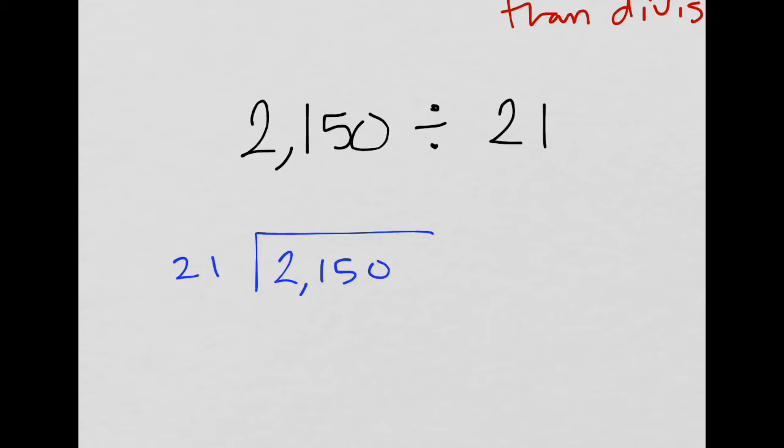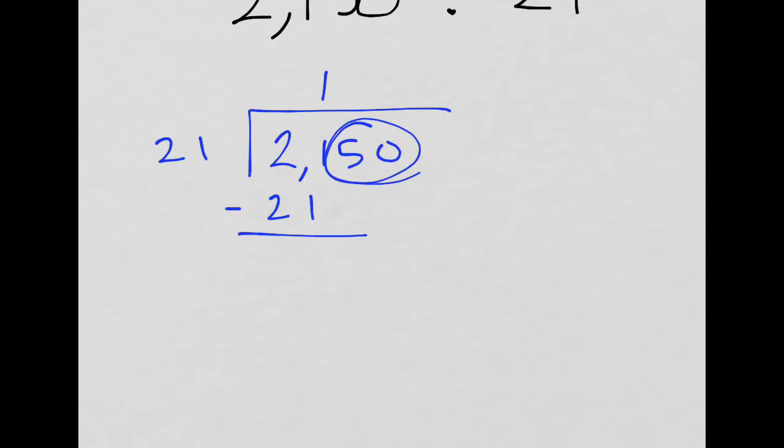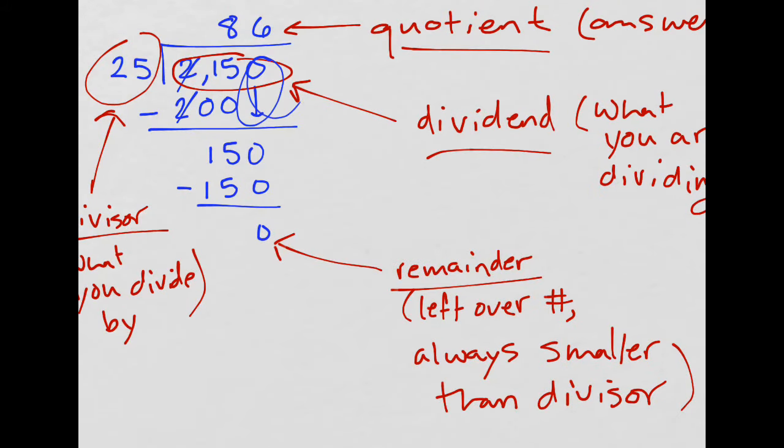1 times 21, that is 21. And then I subtract. That's 0, so that goes away. So you might think this is a remainder of 0. But no, we still have numbers to bring down. We only stop when we don't have any more numbers to bring down.